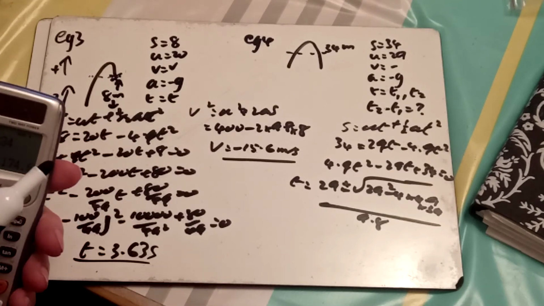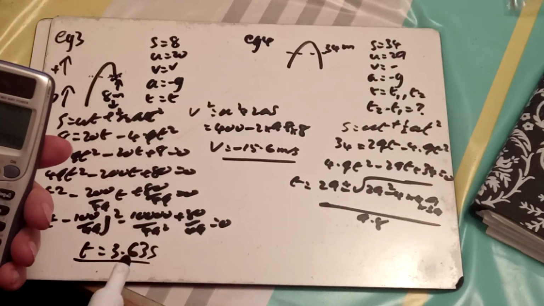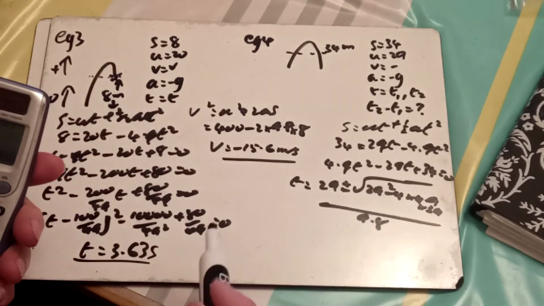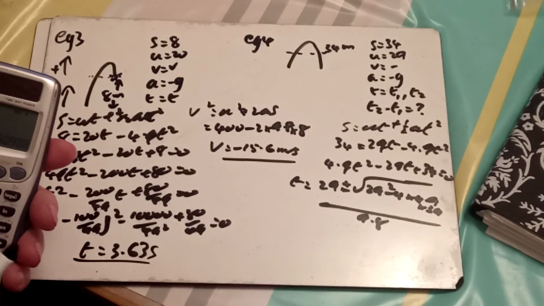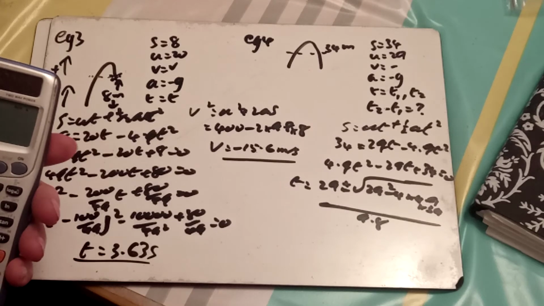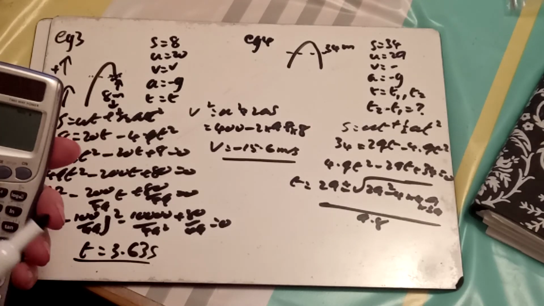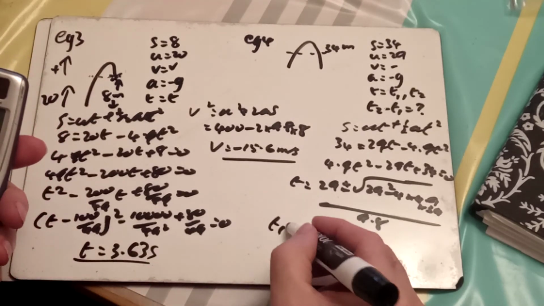So root that is going to be about 13.2. So 29 plus that is going to be about 42 over 9.8, 4 of it. So bracket 29 plus my answer divided by 9.8 equals 4.3.